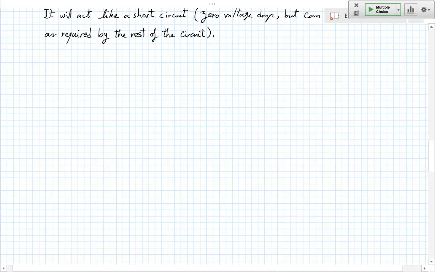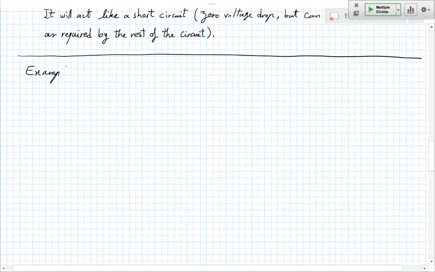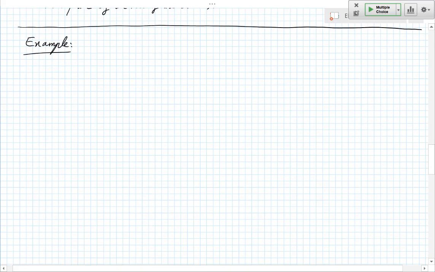So I want to now look at an example that involves a capacitor in this case. We already looked at a circuit that involved an inductor on Tuesday. So this time, let's look at a circuit that involves a capacitor, but do it more systematically along the lines of what we discussed here. So consider this. I'll put a voltage source here, let's say, with value V0.